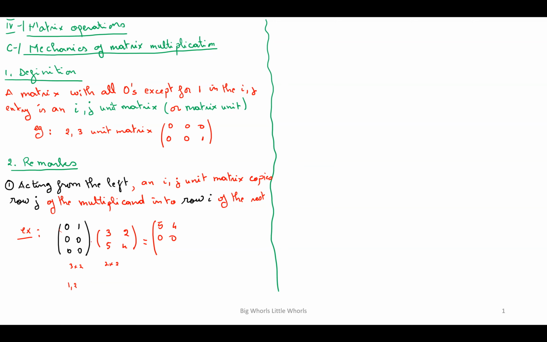Let's check: the definition says it will copy row 2 into row 1. Row 2 is 5 4, so 5 4 in row 1. Yeah, exactly.